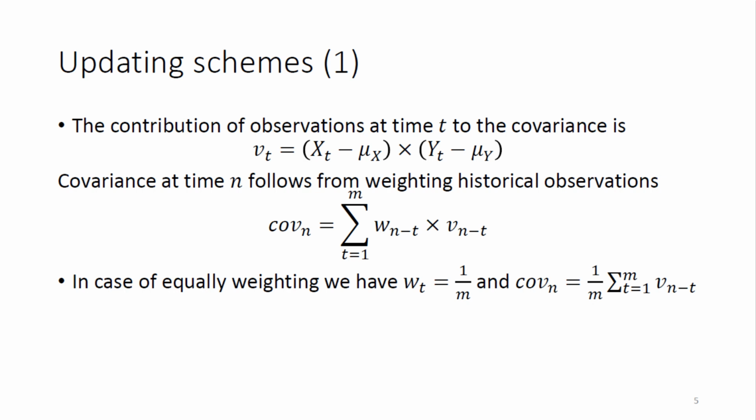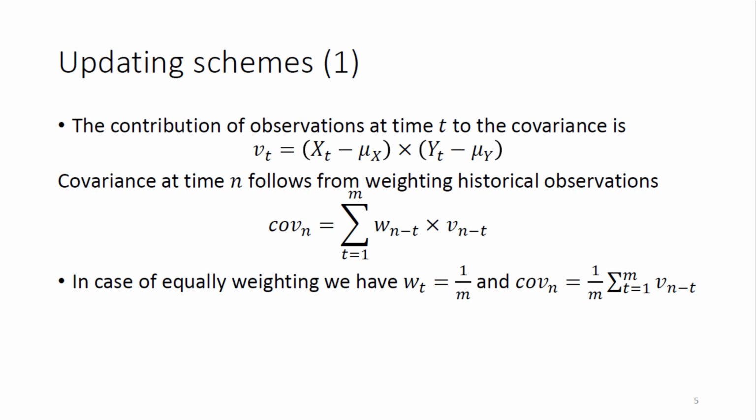Well, then the contribution to the total covariance between the variable x and y is what I will denote with Vt, and that's simply the de-meaned value for xt, the observation of x at time t, so in excess of its expected value, its mean, times the de-meaned value of y at time t, which is the observation of y in excess of its mean value mu y. So this is one of these observations.